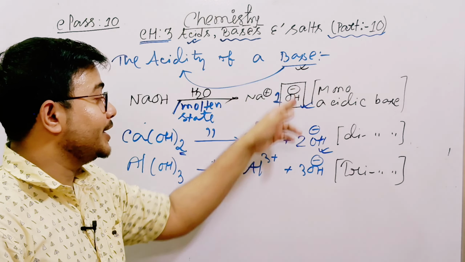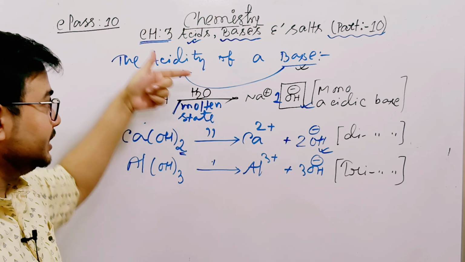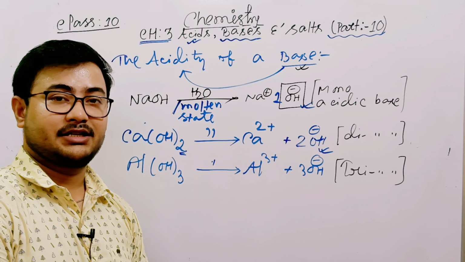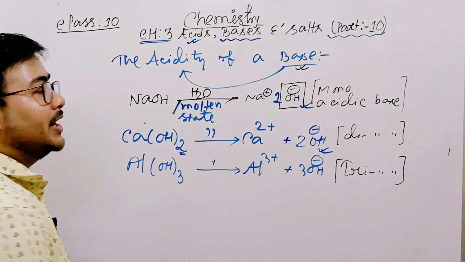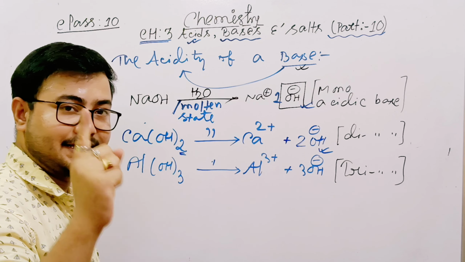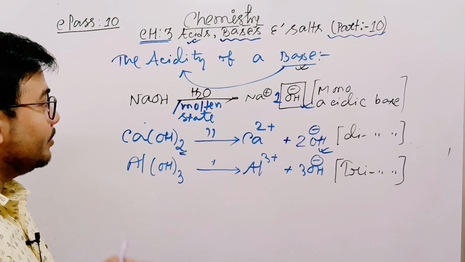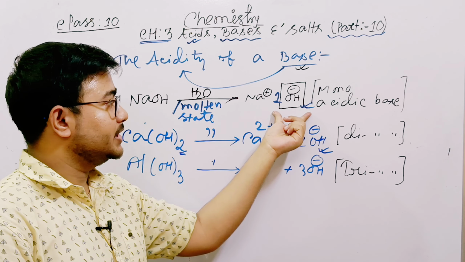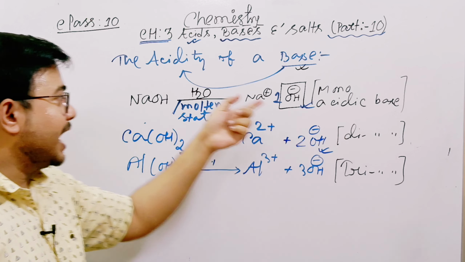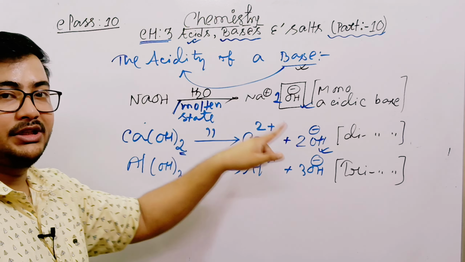The number of hydroxyl ions produced after dissociation in aqueous or molten state. Write in simple words: the acidity of a base indicates the number of hydroxyl ions, within bracket OH minus, that will be produced after dissociation in aqueous or molten state.